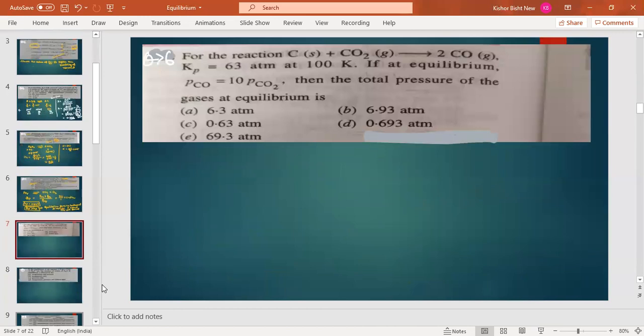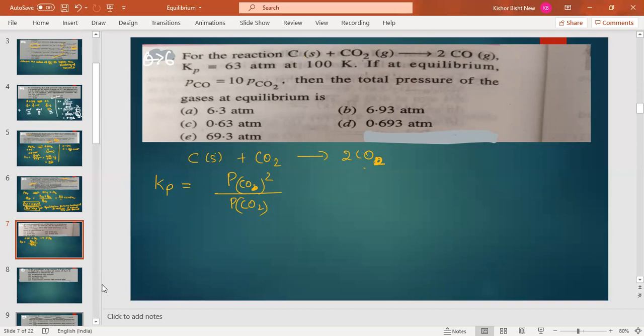For a reaction C (solid) plus CO2 gas gives CO gas, Kp is equal to 63 atm at 1000 Kelvin. If at equilibrium PCO is equal to 10 times PCO2, then what is the total pressure of the gases at equilibrium? First you write the equation: C solid plus CO2 gives 2 CO. Now what is the Kp here? Kp is equal to P of CO square upon P of CO2.